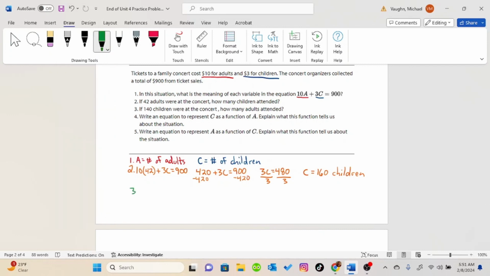Number 3. If 140 children were at the concert, how many adults attended? So this time we substitute 140 in for c. We go ahead and multiply. 3 times 140 equals 420.